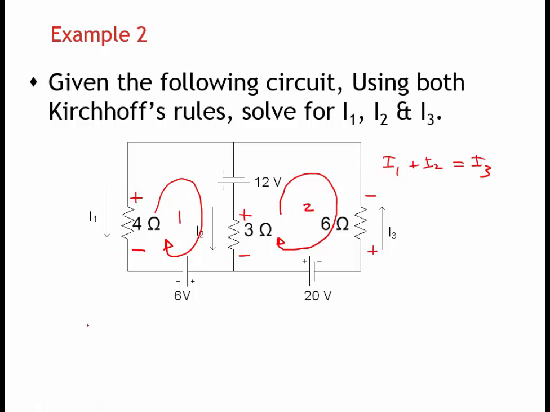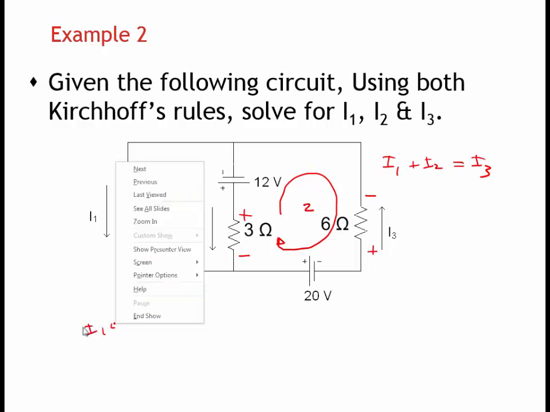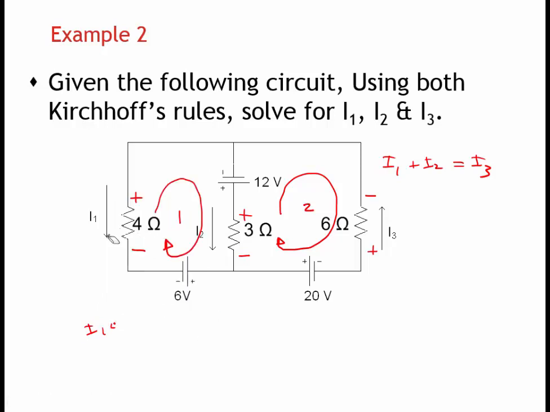So this will be 4 times I1, the voltage across the 4 ohms, and then here the voltage will be plus 12 volts, and then minus 3 times I2, and minus 6 is equal to 0.